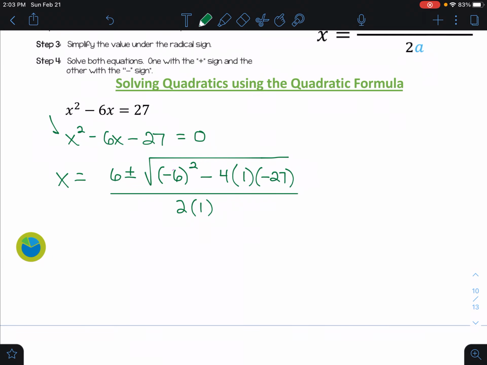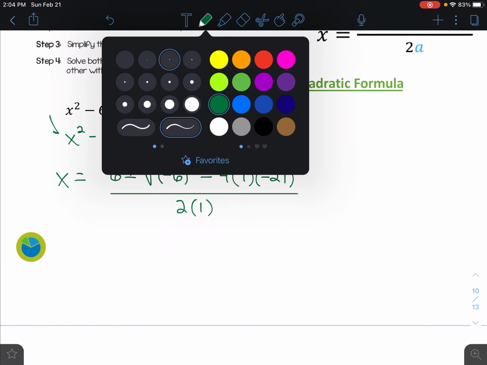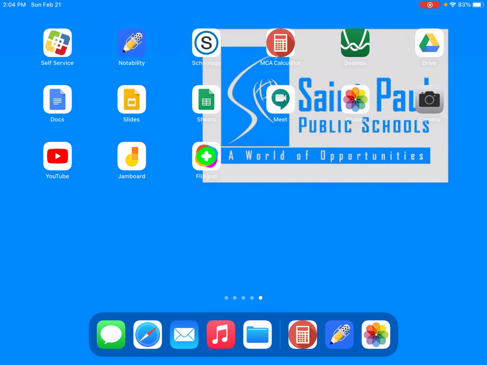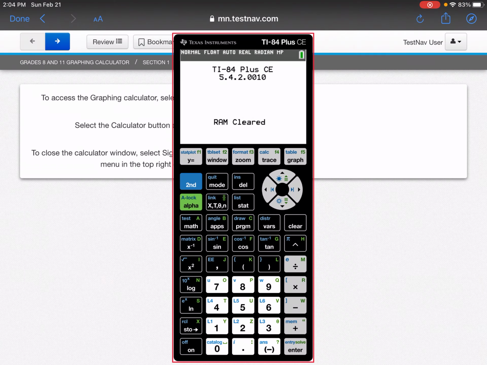Okay, now I'm going to use my calculator and I'm going to simplify just this part. I'm going to type into my calculator. Okay, so let's do that right now. Again, just type it in just like you had it. Negative 6 squared minus 4 times 1 times negative 27.